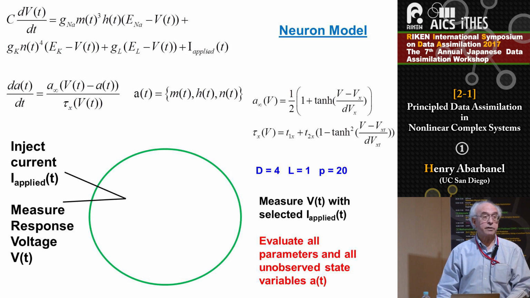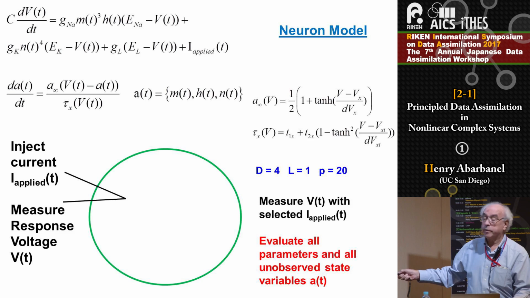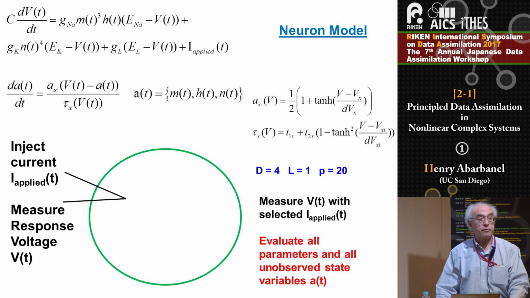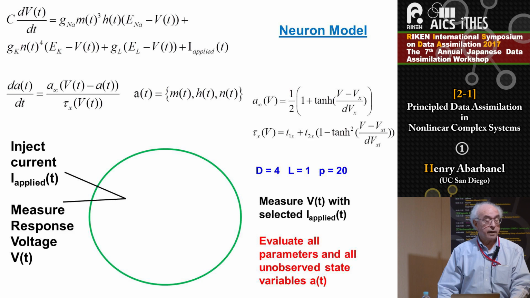Now, not all neurons that perform the same function are identical. There's a distribution, in particular, of the parameters that allow the neuron to perform its function. But once the neuron is verified, we can put it into a network in which it is connected to other neurons. And then we have the task of determining the strength of the connections and the time constants associated with those connections. Those are the synaptic connections among neurons.